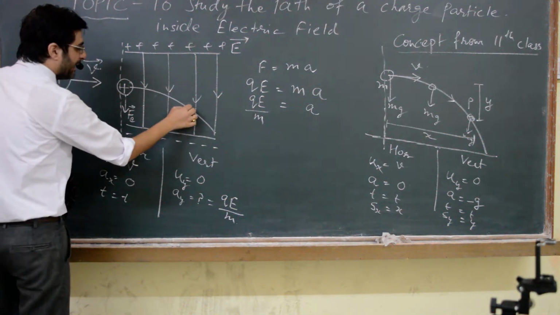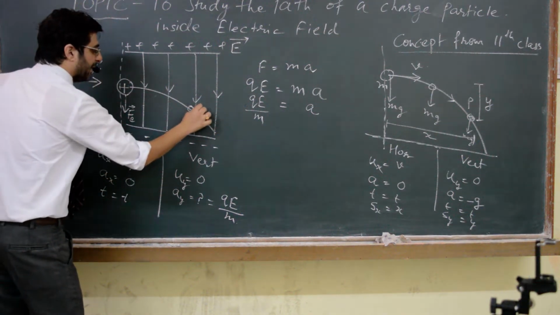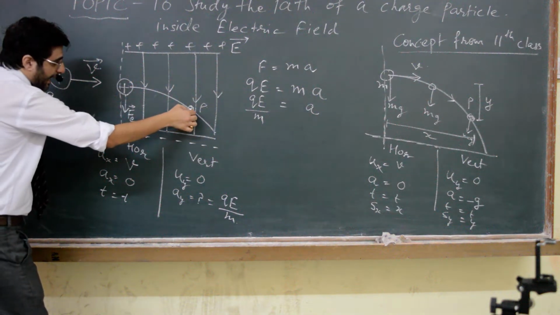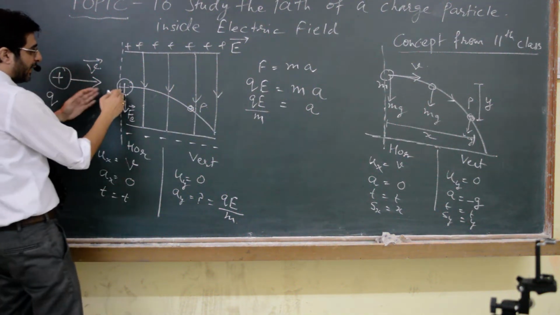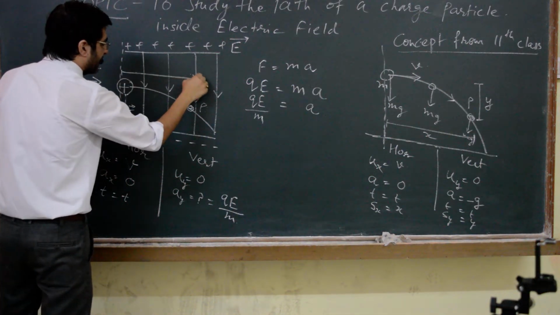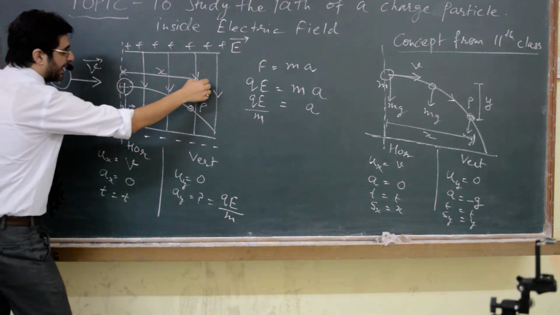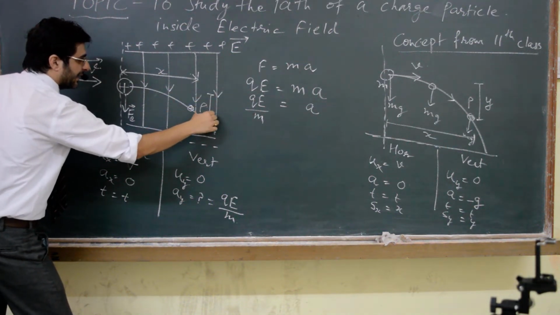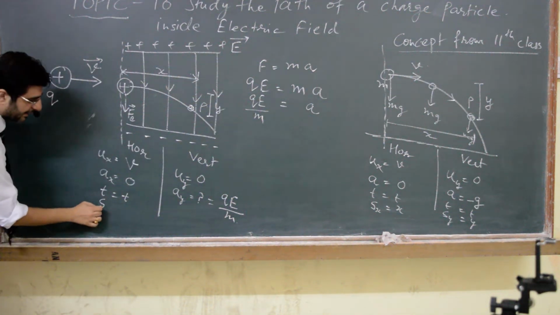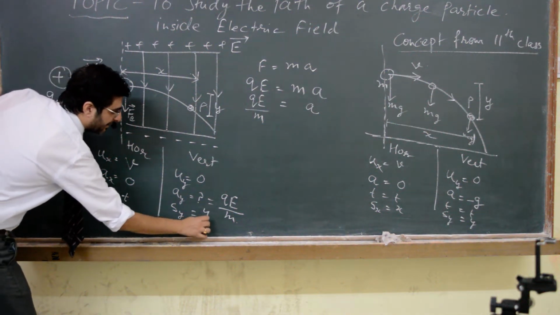Suppose at any time t, this charged particle is at this location, at point P. So after time t, the horizontal displacement covered by this particle is x, suppose, and the vertical displacement is y. So horizontal displacement is x and vertical displacement is y.